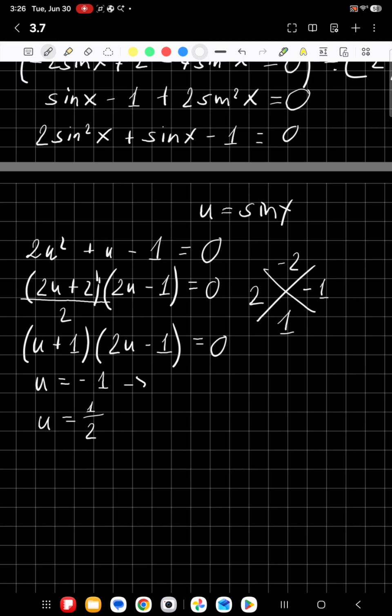Okay, so I'm replacing u with sine of x. So sine x equals negative 1, and here we have sine x equals half.